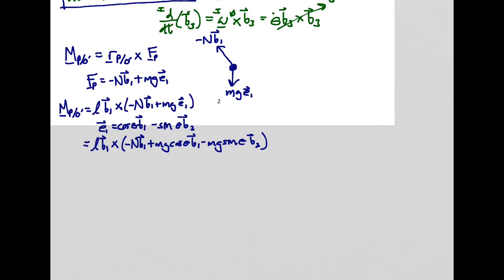And so our moment, because b1 crossed with b1 gives us 0, none of those terms matter, but b1 crossed with b2 gives us b3, so we get negative L mg sine theta in the b3 direction.